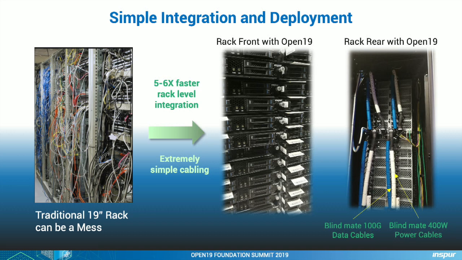And you can see it's a blind mate design. So it's very simple to install and assemble, and you don't see a mess in the back like on the left. Simply because the cabling in a conventional DC is 19.2, and Open19 splits it into 9.6 to achieve the simple cabling method.